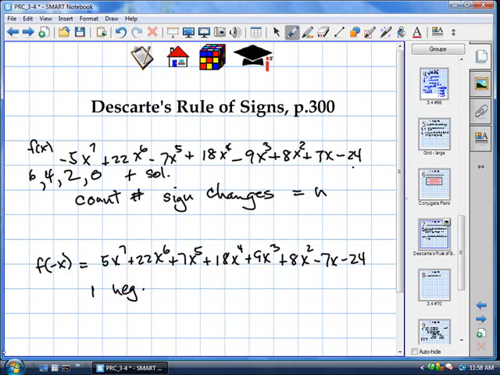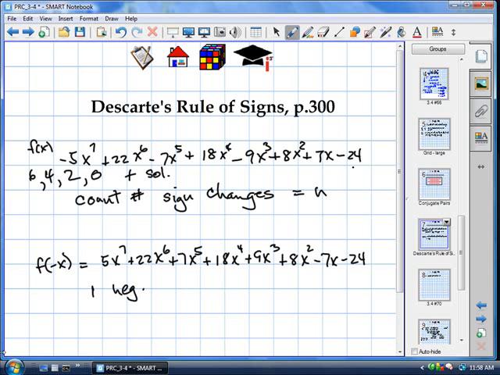Answer, you've been given f of x. First, find f of negative x. So that means everywhere there's an x, I've got to plug in a negative x. Do you see why this changed? Because what happens when I take negative x to the 7th power? That's going to be a negative, right? And a negative times a negative is a positive.